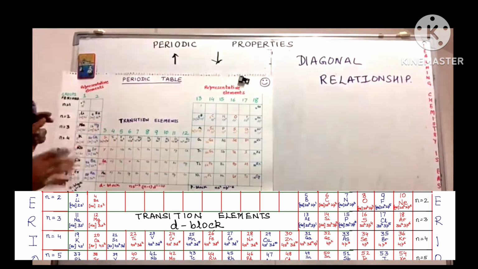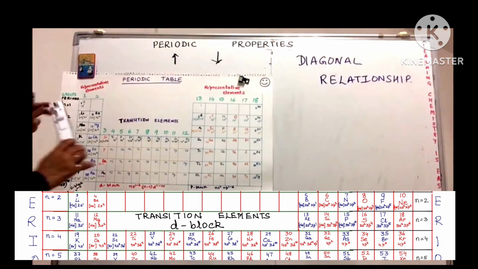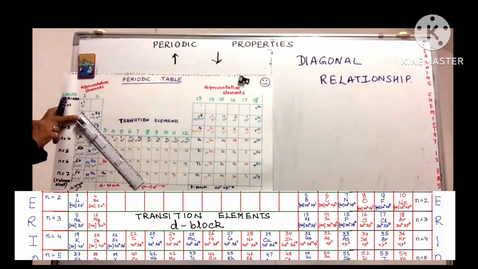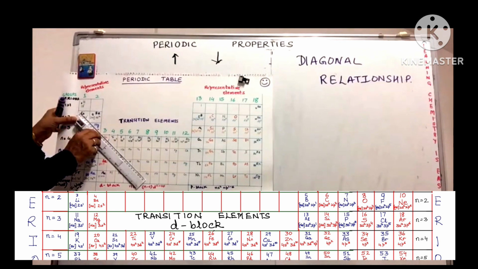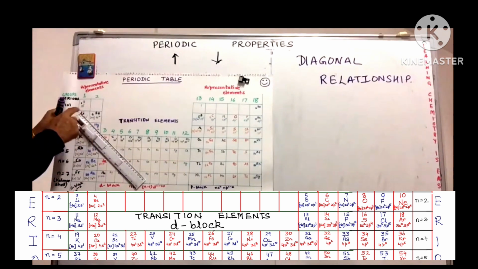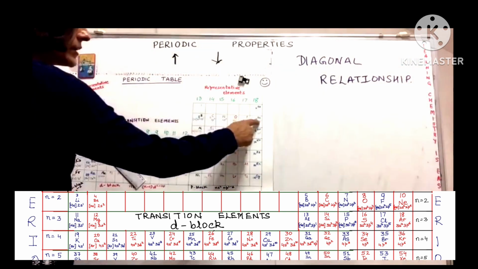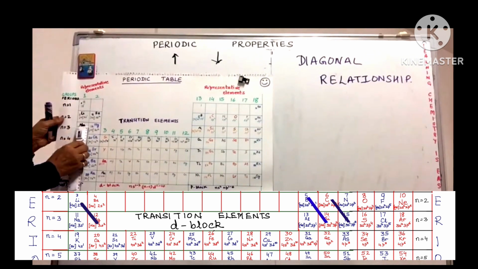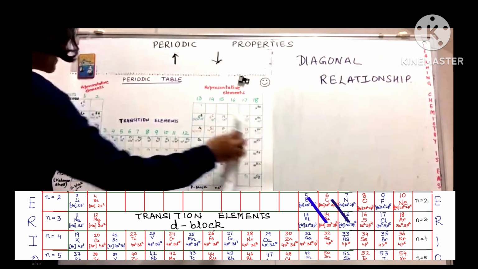As a result, diagonally, the effect nullifies. The increase nullifies the decrease. So we find that in a number of properties, the elements in the second period diagonally resemble the elements in the third period.